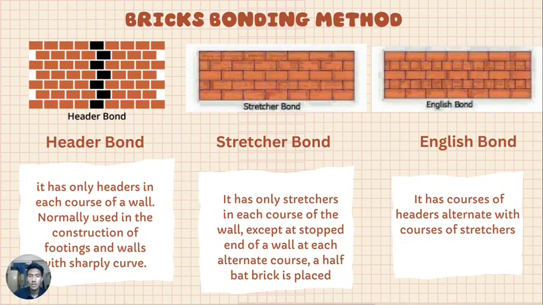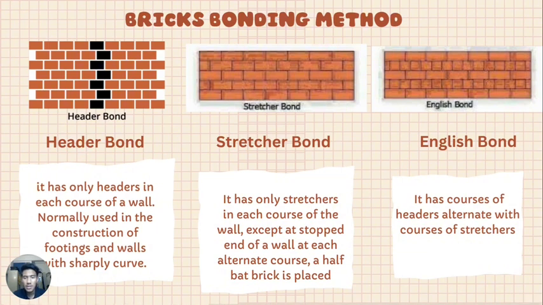Okay. Next we have stretcher bond. It has only stretchers in each course of the wall, except at the top end of the wall, where at each alternate course a half bat brick is placed. Then we have English bond. This one has courses of headers alternating with courses of stretchers. In this bonding, every alternate header in the course sits centrally over the joint between two stretchers, except at certain stop ends.